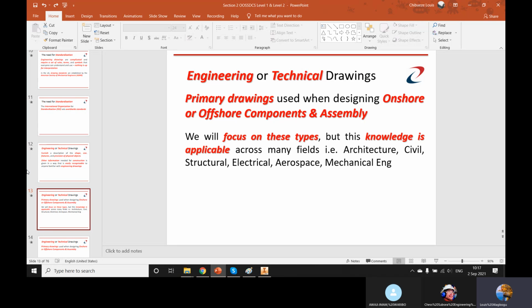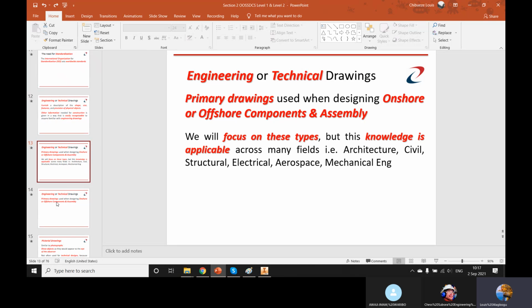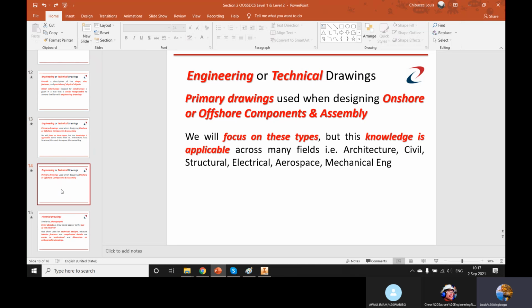If you understand these 2D drawings, you'll be able to look at a building plan and understand most of what is there, even if that's not your field. Once you understand this 2D standard, you'll be able to read almost every other type of drawing, as far as it's in 2D.